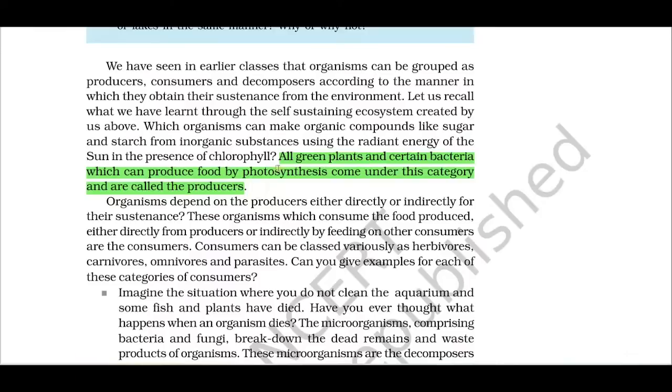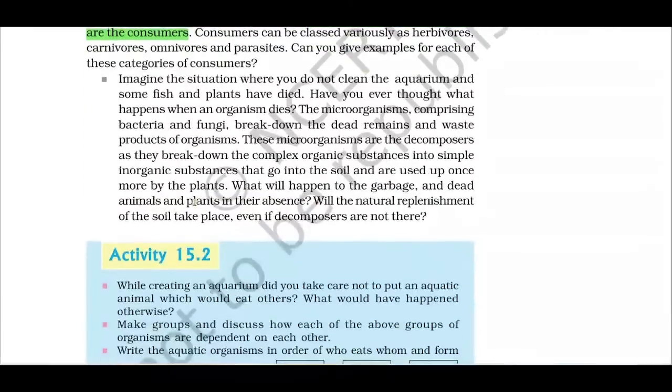Producers. Then the definition of consumers. Organisms which consume the food produced either directly from the producers or indirectly by feeding on other consumers are called what? Consumers. So, definition of producers and consumers.